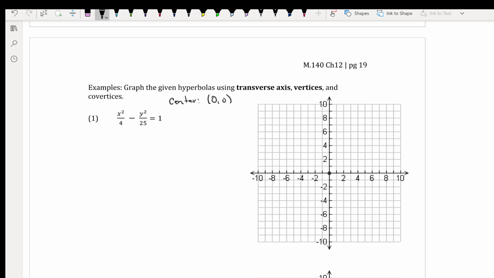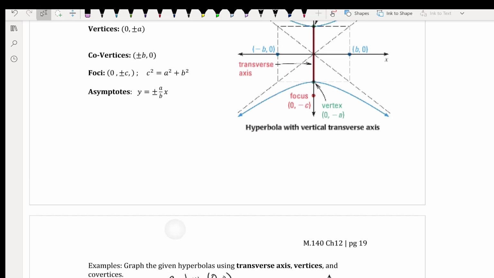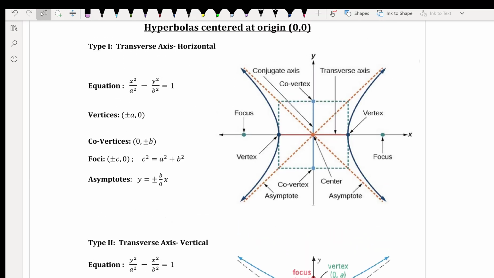So now I'm going to look at my x and y values. So I know that x squared came first. So I know that I'm going to have the one that's going along the x-axis. So notice here I'm going along the x-axis, okay? So this is the shape that I'm going for.